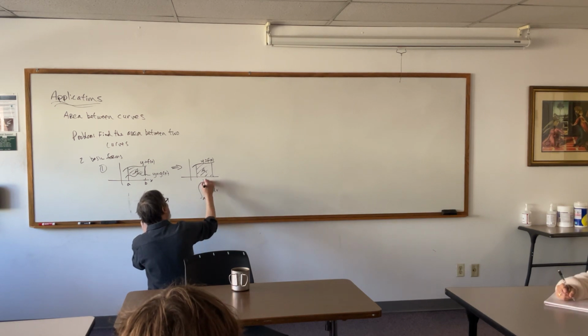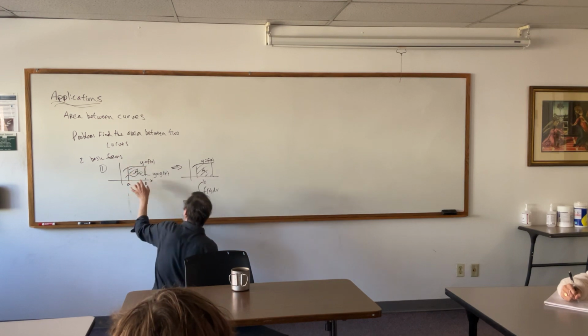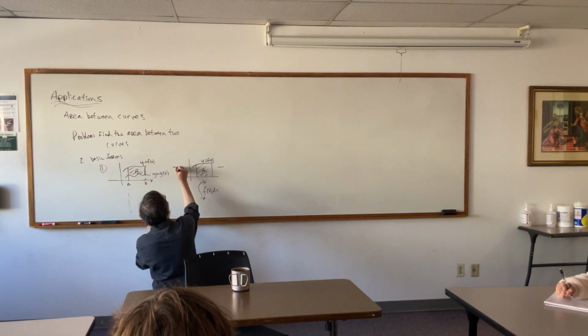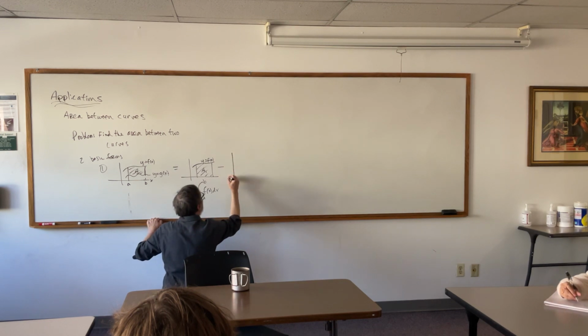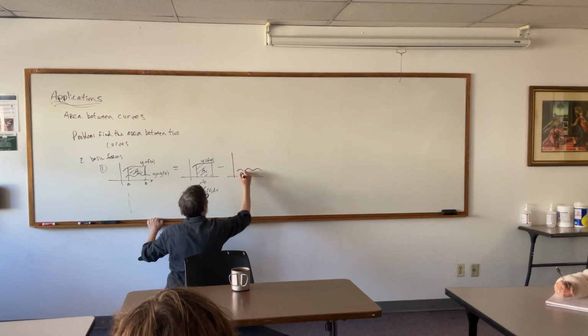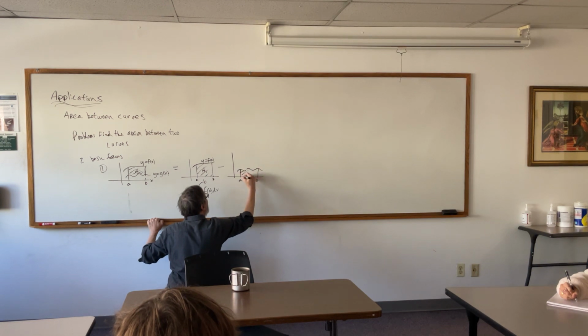That's how we literally defined it at the beginning of the semester. So it's this big area, and then I just subtract off this little one, minus that area right there, again from A to B.